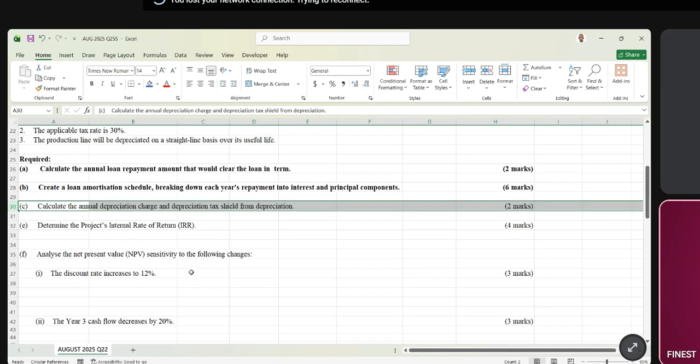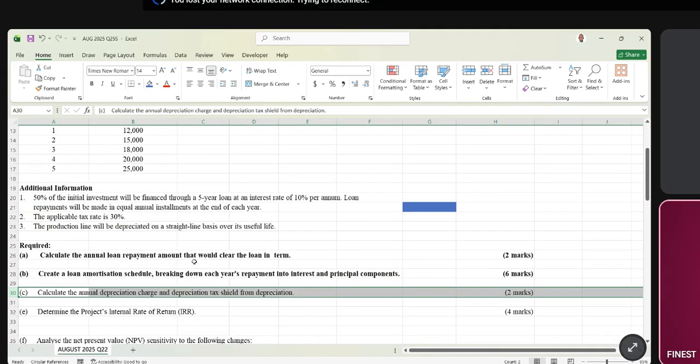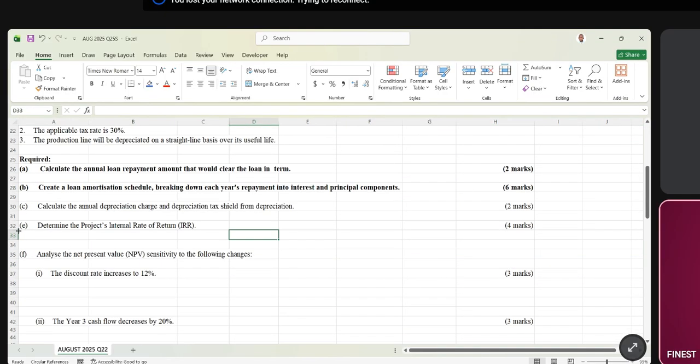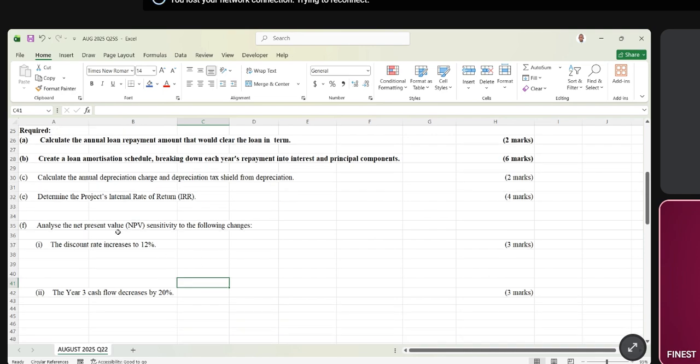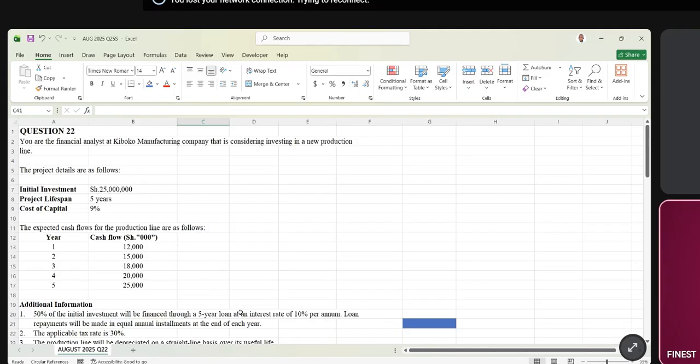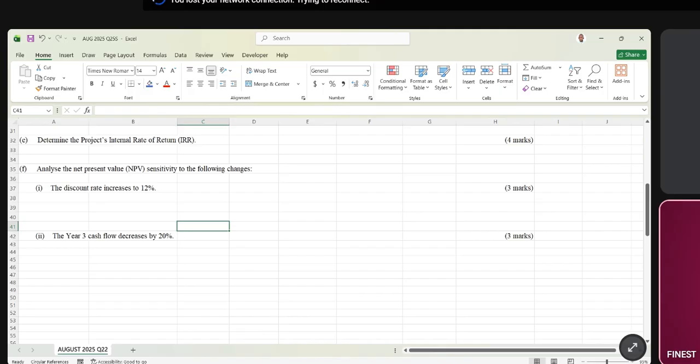IRR has no much story: if you put an equal sign, IRR is able to give you what you want. Or if you use the previous concept, you can still answer that. Analyze the NPV sensitivity for the following changes, 12% and 20%, all those in year two. I am not intending to do this question; I'm intending to do one detailed question.